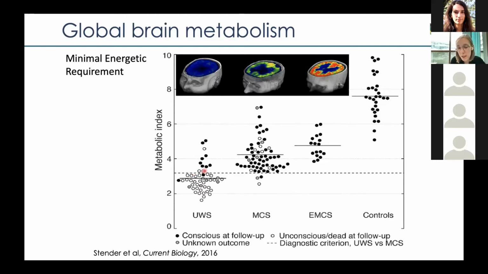Any patient with a global glucose uptake below the threshold is likely to be unresponsive, and patients with glucose uptake above the threshold are likely to be in the minimally conscious state. And of course, there are some patients for whom this threshold did not work, right?